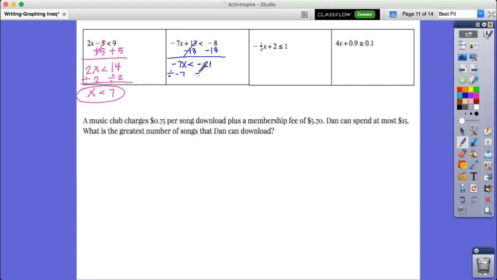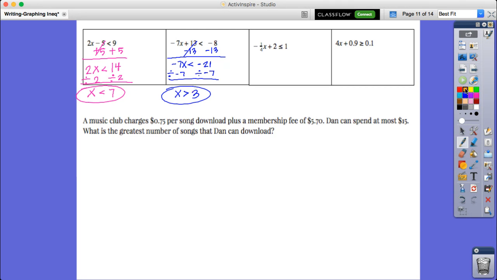But hold your horses because this is that different situation. We've got to change our sign. We're dividing by a negative coefficient. So now we're going to have x is greater than 3. We're just going to flip our sign around. Negative 21 divided by negative 7 is positive 3, if you remember your integer rules.